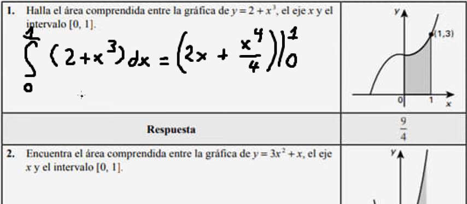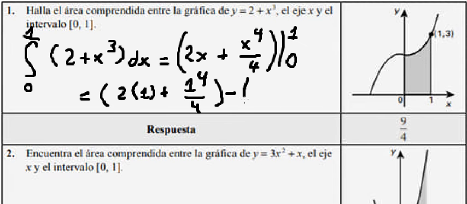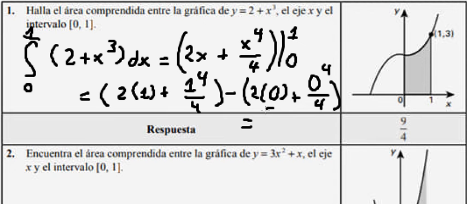For this one, you get 2 multiplied by 1 plus 1 to the power of 4 over 4, minus 2 multiplied by 0 plus 0 to the power of 4 over 4. And we get the final answer, you get 9 over 4.